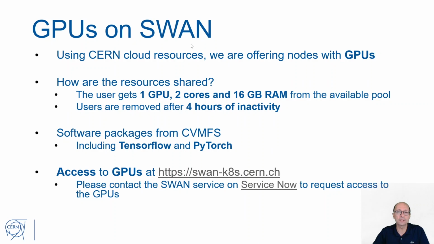Swan has also access to GPUs, which are useful, for example, for the use cases of machine learning. If you need to run TensorFlow or PyTorch, you can do that on GPUs. As mentioned in the lecture on machine learning with Spark, sometimes you want to process the data at scale with Spark, save it in a format that then can be read back into TensorFlow or PyTorch for example, training of the models using GPUs.